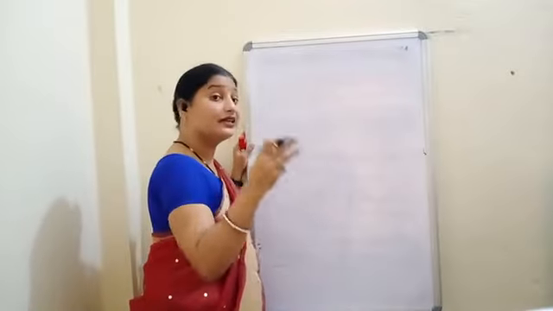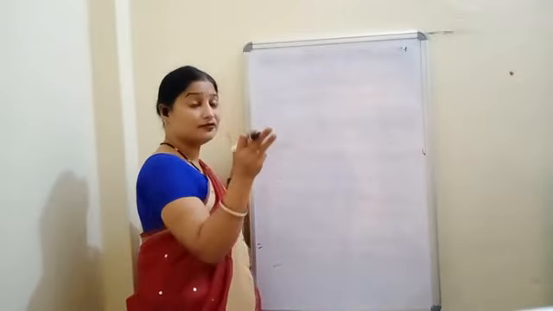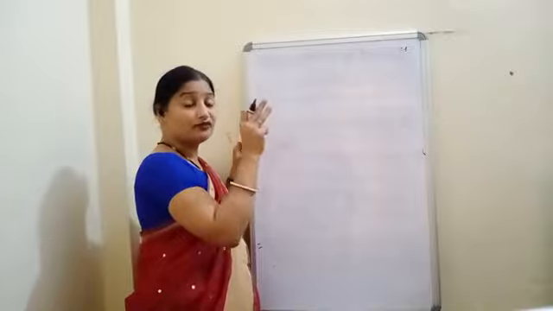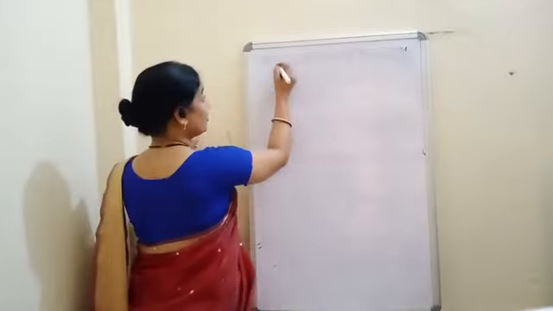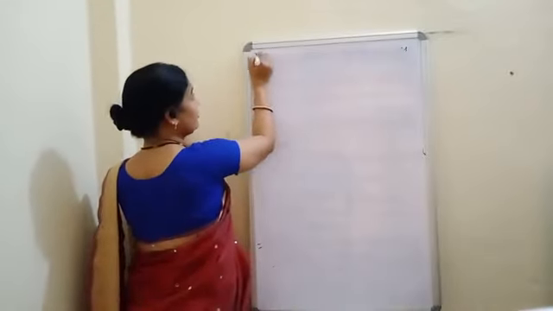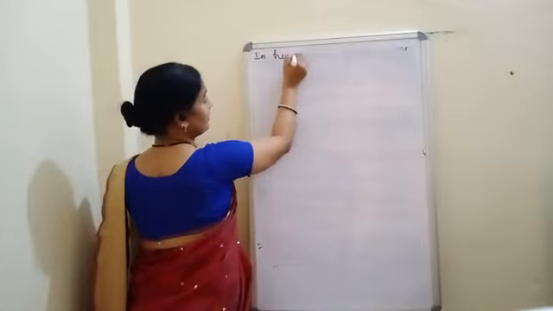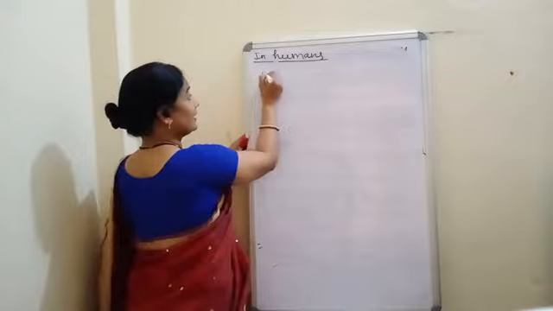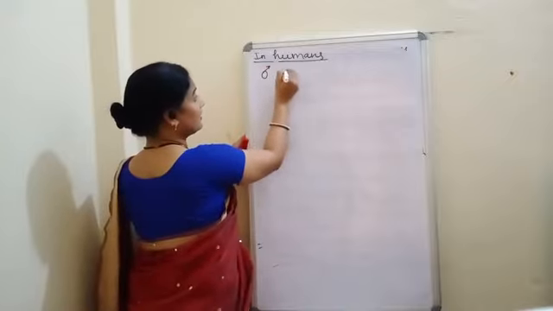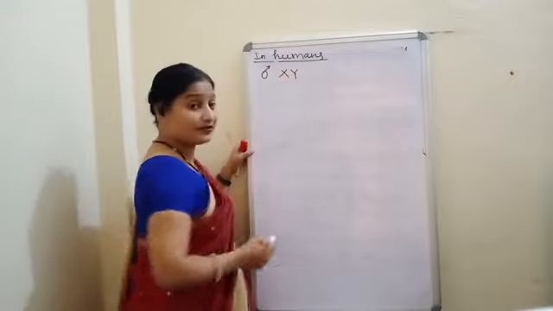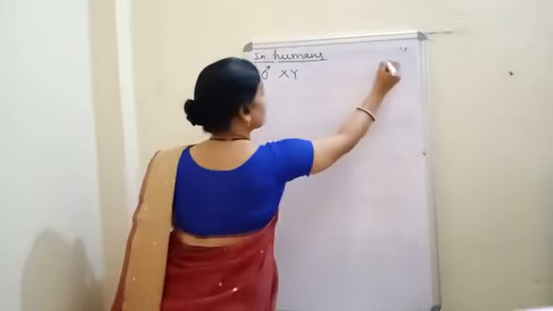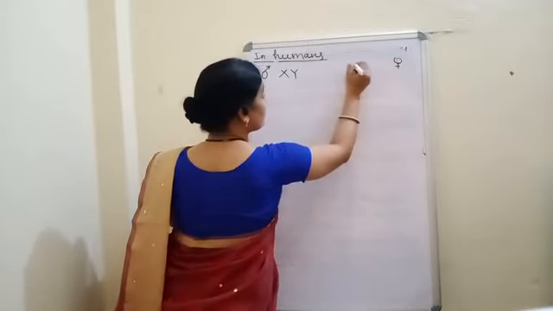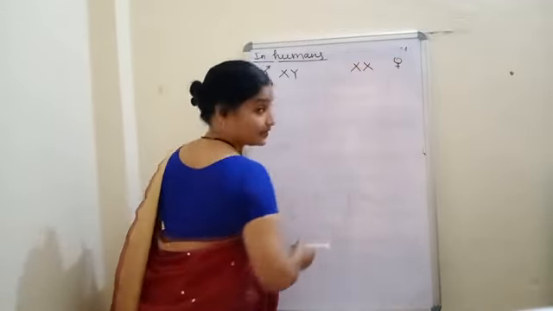It is the same situation that we have already studied in the cross of monohybrid and dihybrid. Now suppose in case of humans, the males have chromosomes X and Y, and females have chromosomes X and X.